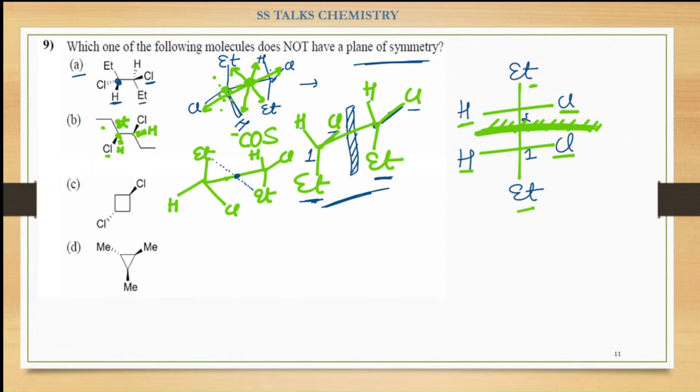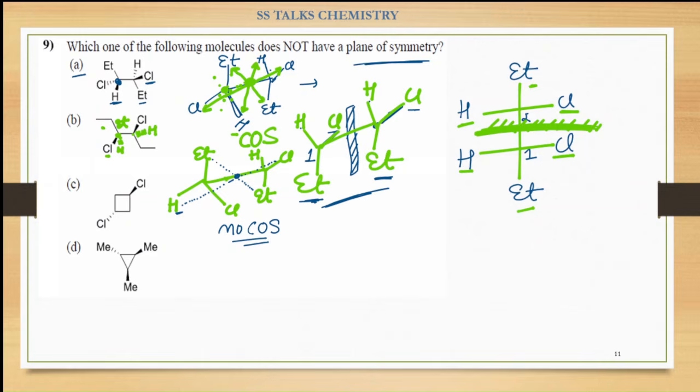But in this case, the chlorine atom is present in the front side, but on going in the backward, opposite direction, I am encountering the hydrogen atom there. That means in this case no center of symmetry is present, because whenever center of symmetry is present, a similar environment should be present at an angle of 180 degrees, and here we are encountering different atoms, so center of symmetry is absent here.